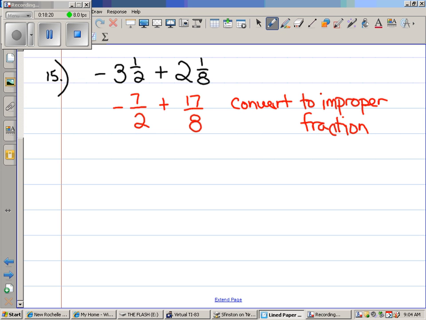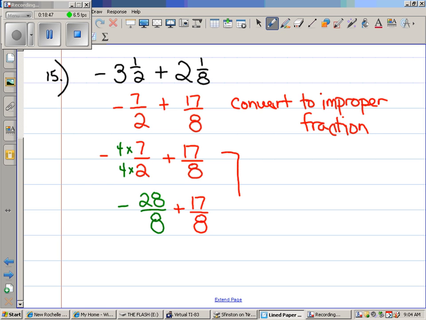So we're going to multiply. Originally you have 7 over 2. We're going to multiply it by 4. Times by 4, times by 4. We still have the negative out over here. And we're going to keep this guy the same. And all of a sudden you're going to get what? Negative 28 over 8 plus 17 over 8.